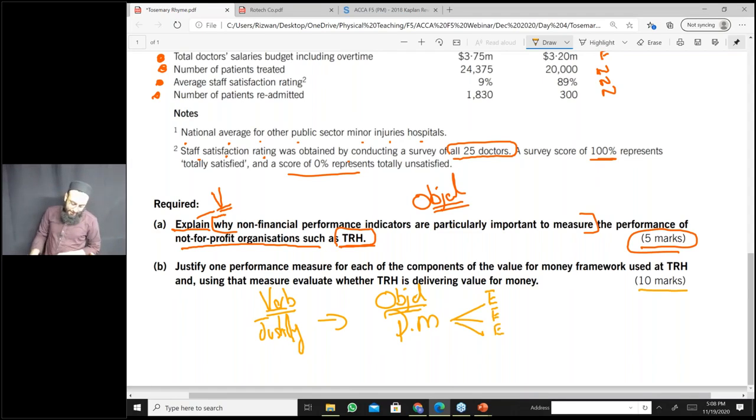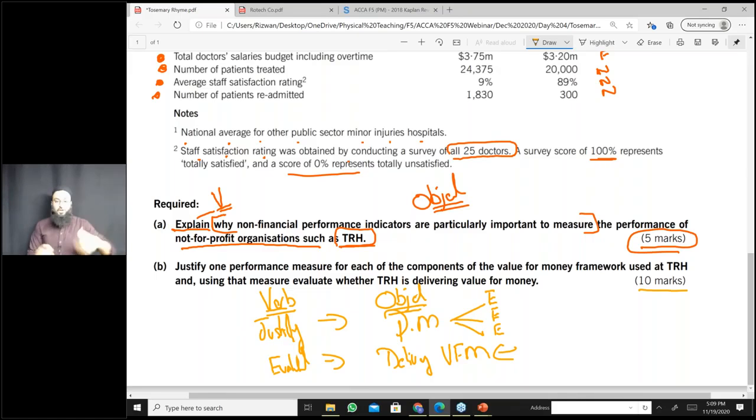Second, it says using that measure, whatever you found out, evaluate whether the company is delivering value for money. So using the measure that you have justified, you evaluate whether the company is achieving value for money or not.